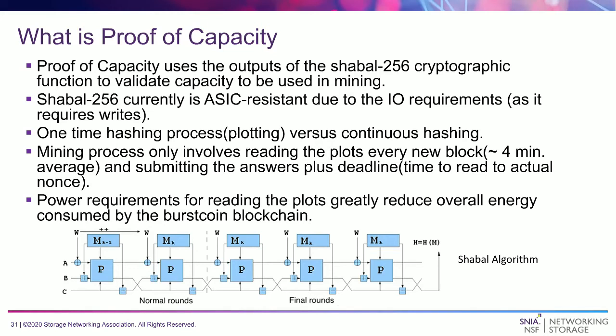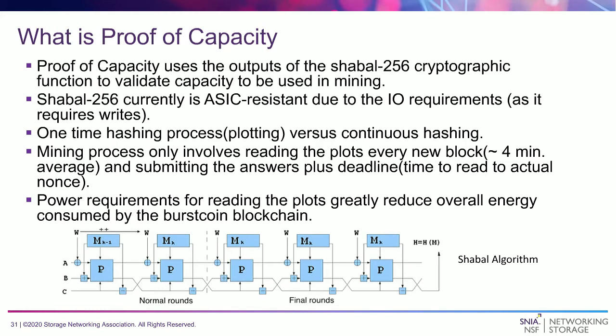Shabal 256 is viewed as ASIC resistant because it uses back-to-back memory writes when it's doing so-called hard drive plotting. I have to take a step back and mention one thing.